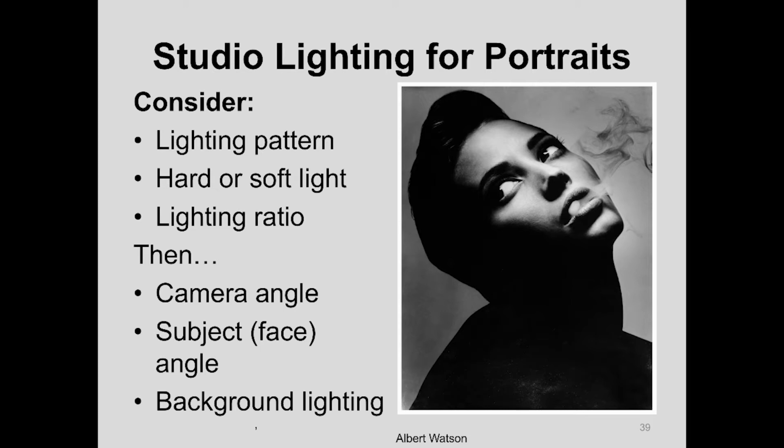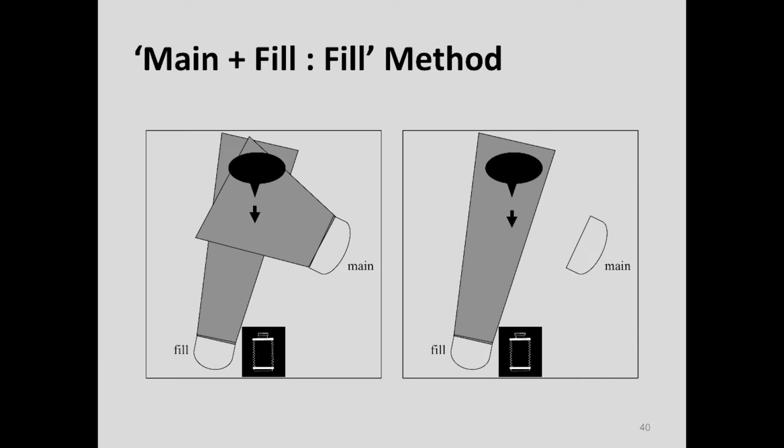Do you want the background lighting to be brighter or darker than the light on the subject? The background light may provide some support for the overall composition. Examine the images in this lecture again, looking at how each photographer has used background light to enhance the overall feel of the photograph.